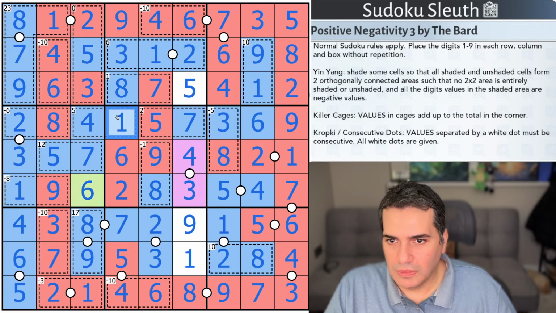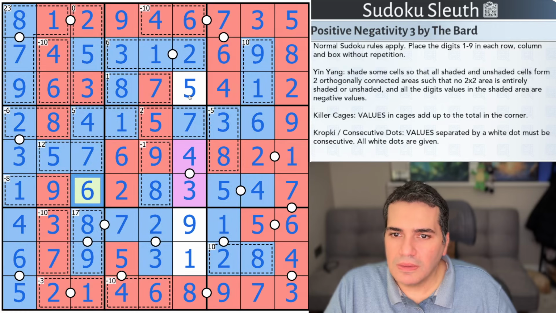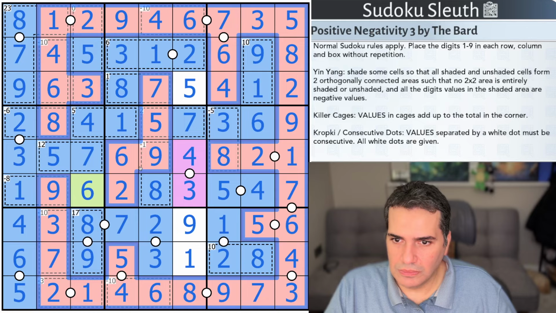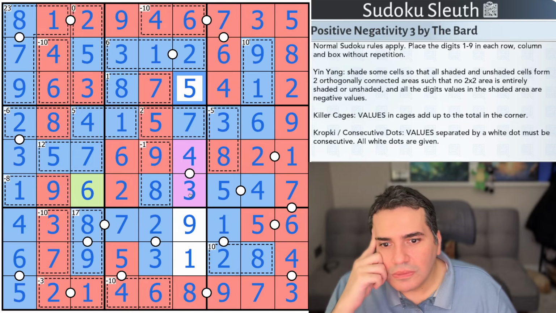Hang on, this blue. But if it's blue, I don't think it's a problem actually, because I can make this red. And then red is still connected. So I actually don't know the color of this one.